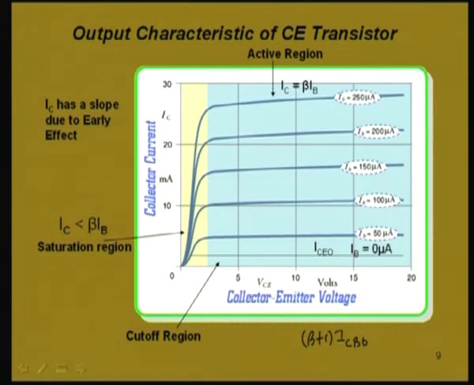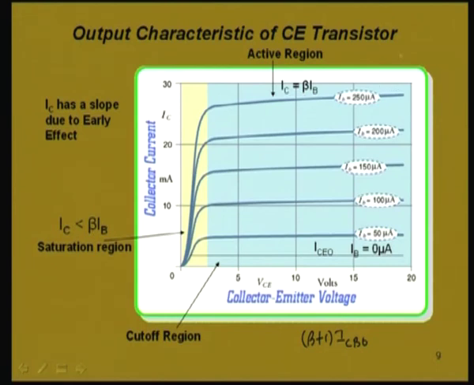In this region beta times IB is valid very much, because the leakage current or reverse saturation current, beta plus 1 into ICBO or ICEO, is very little as compared to the beta times IB part. That is why we can make this assumption without any violation of practical conditions, IC equal to beta times IB.